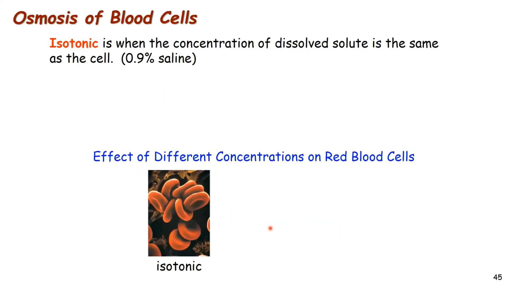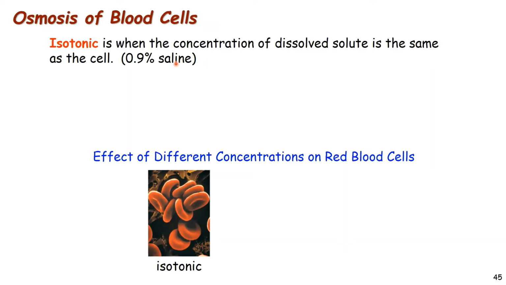Okay, just to give you an idea of how osmotic pressure would affect you. So in a normal blood cell, the concentration of salts is the same within the blood cell as it is in the fluid that's around it, the plasma. Normally that's about 0.9%.